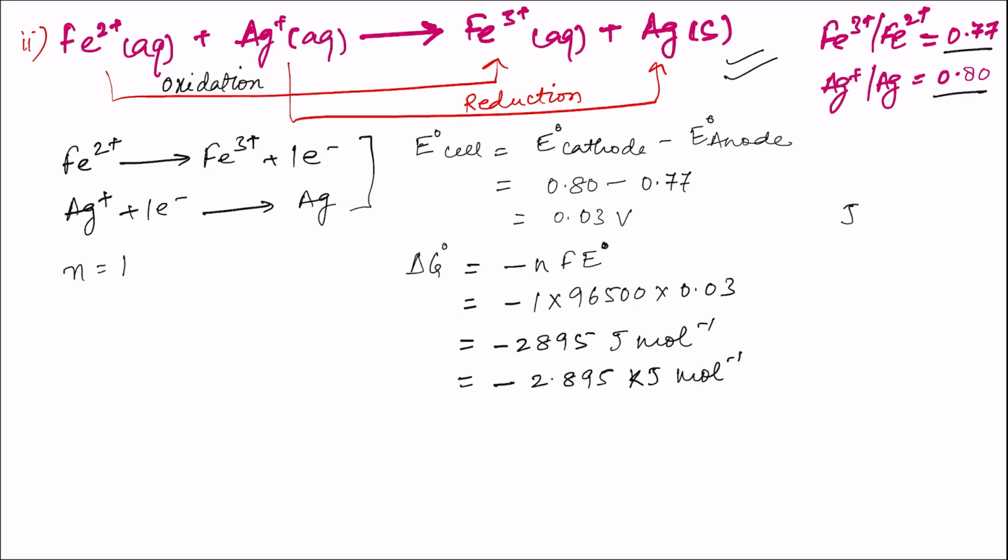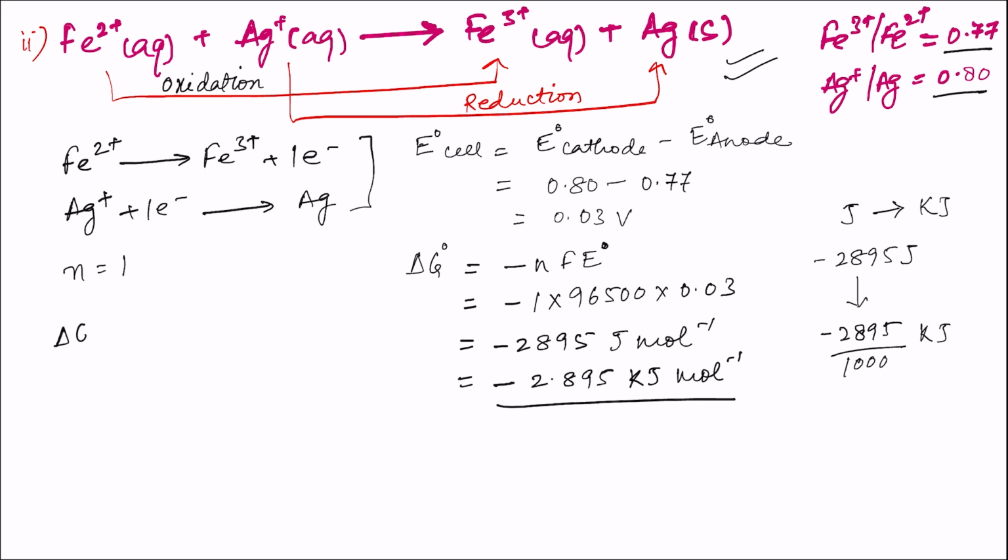See, when joule is changed into kilojoule, you have to divide the value by 1000. So this is the delta G value.